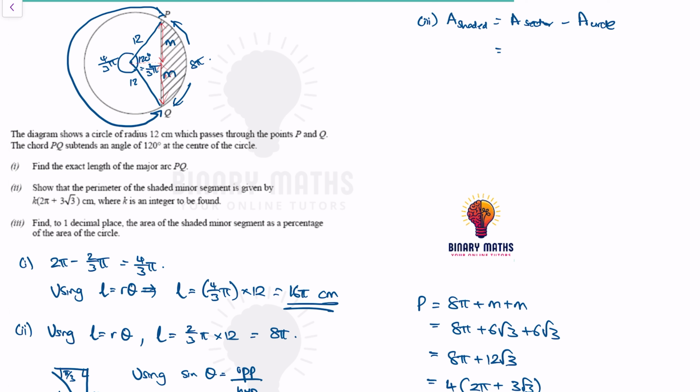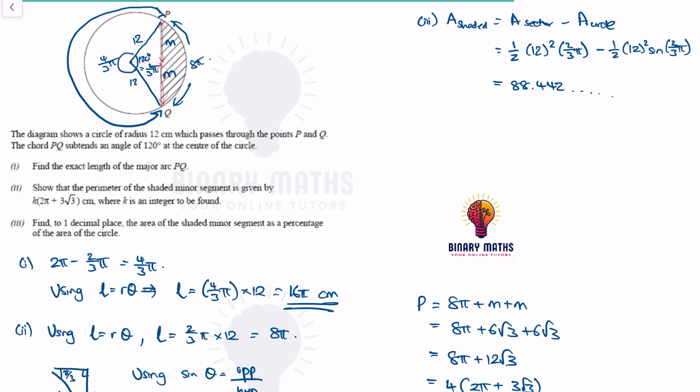Radius is 12, so it's half times 12 squared times 2 over 3 pi, take away half times 12 squared times sine 2 over 3 pi. Now if you put this into your calculator, you end up getting 88.442.